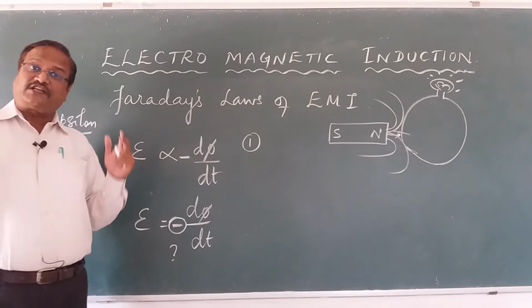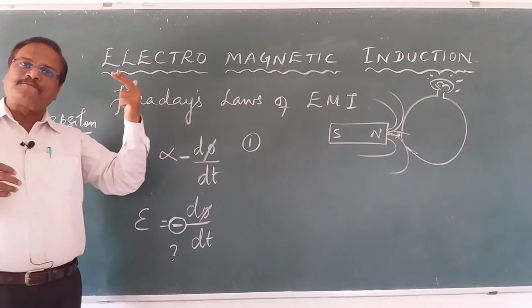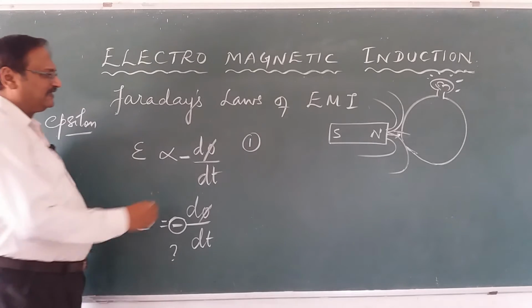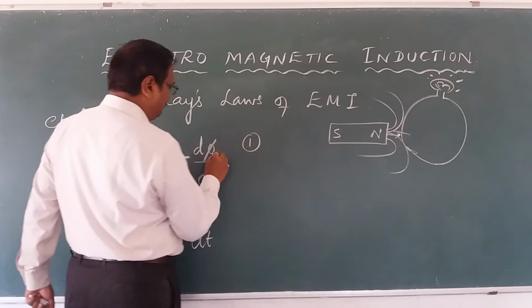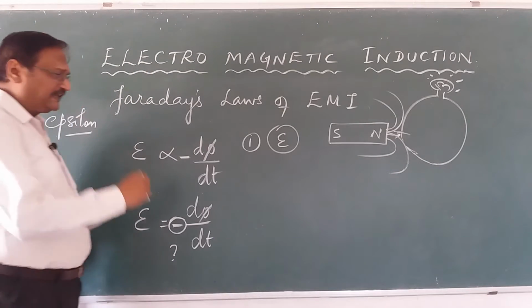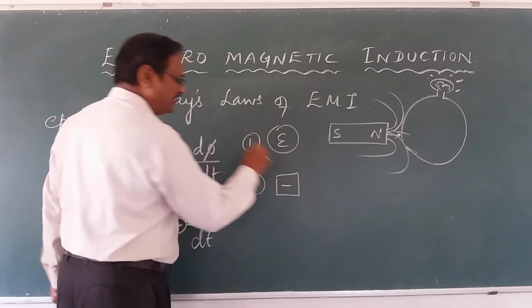And the direction of the current is such that it opposes the cause which produced it. Again, listen carefully. The first law is talking about epsilon, the induced EMF, and the second one is giving the idea about the direction, which is negative.